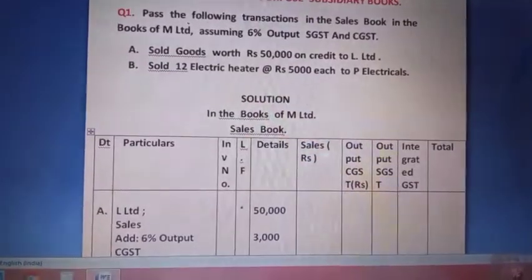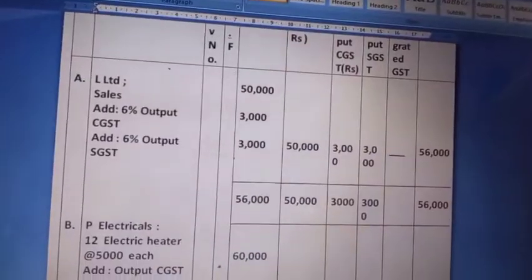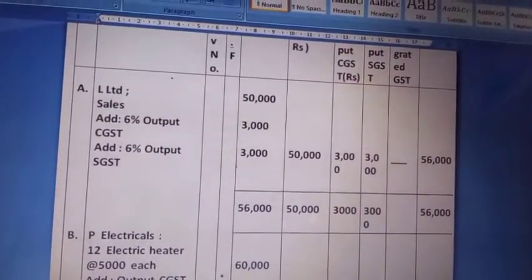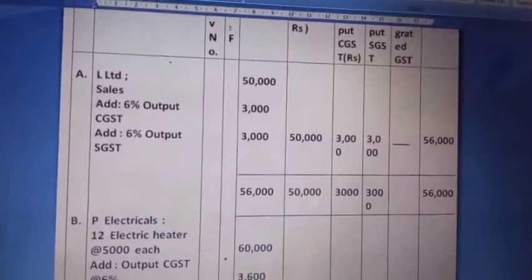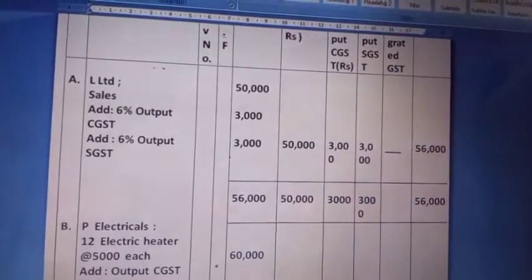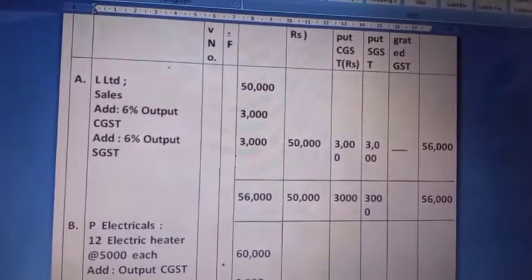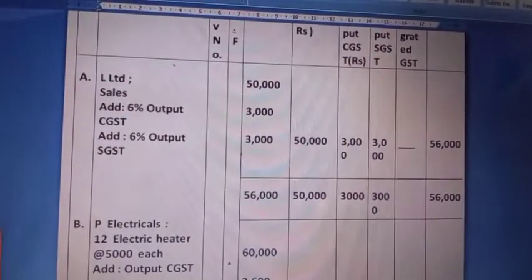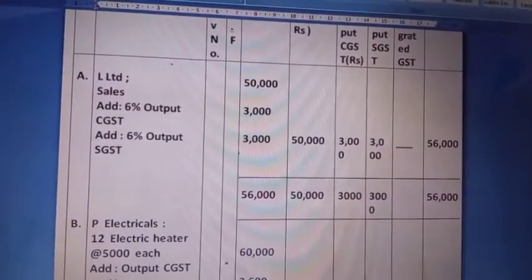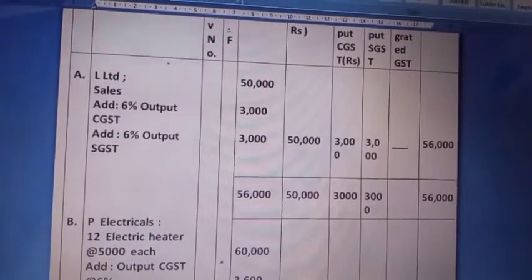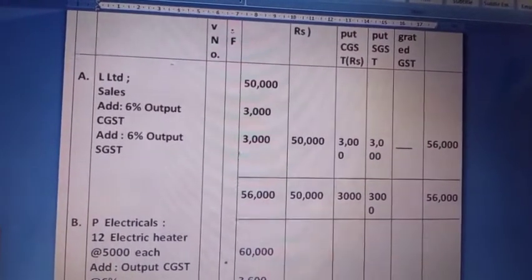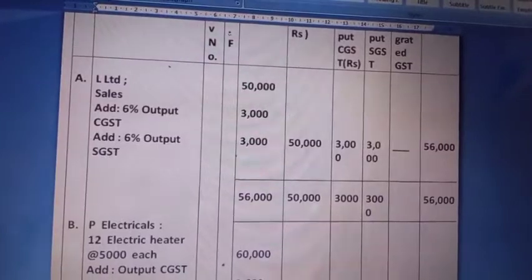At the beginning of the transaction we write the name of the debtor, that is L Limited, to whom we have made a credit sale. Then we write the amount of sales, that is 50,000. On 50,000 we add 6% output CGST, that gives us 3,000.